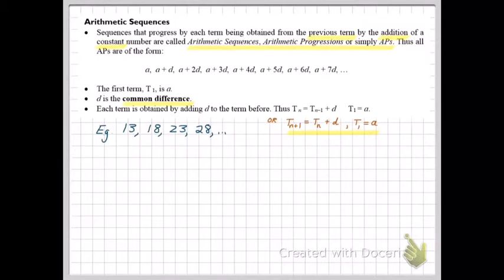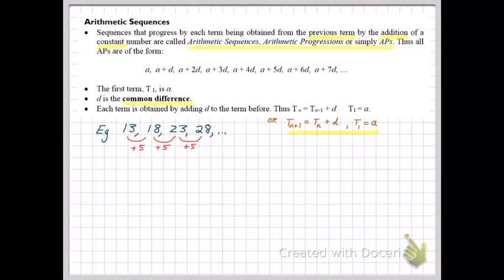Okay, so an example. The first thing we do is examine the sequence and see if there's a common first difference. And you should be able to see very easily that we're adding 5 each time.